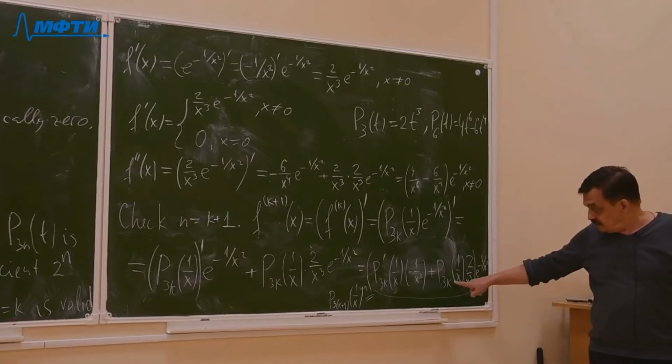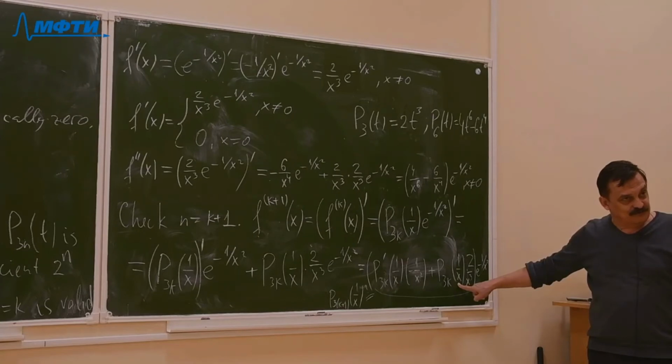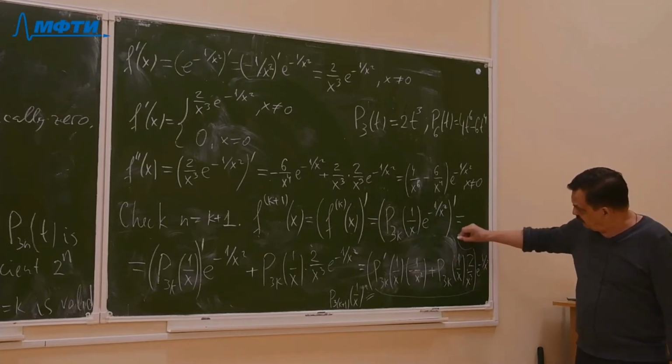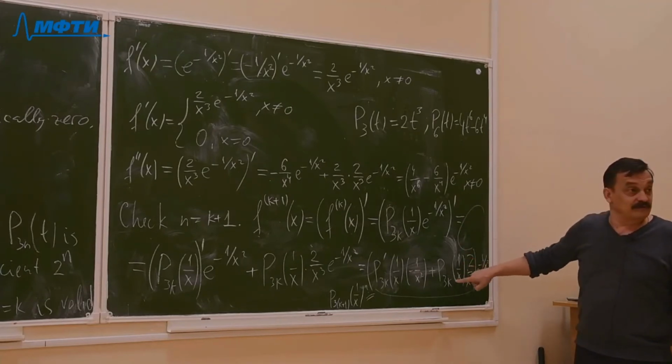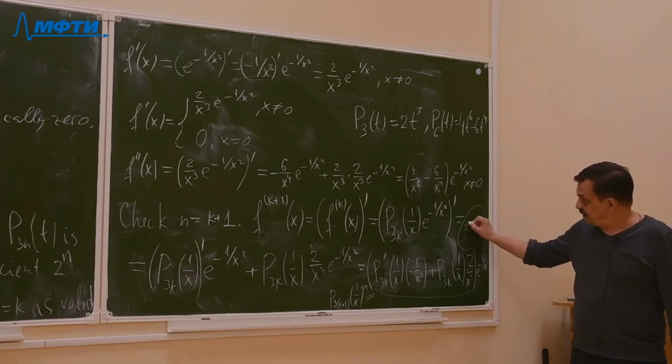So, leading coefficient was 2 to the power k. Let me write down what is the leading term of that expression. 2 to the power k over x to the power 3k, right?